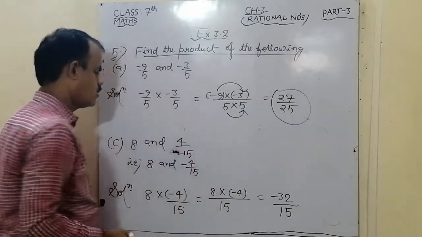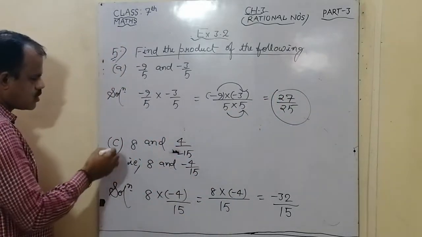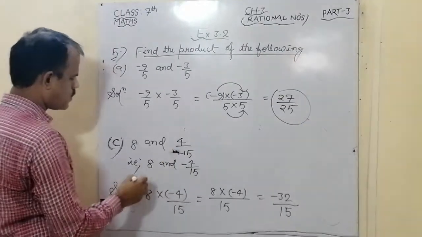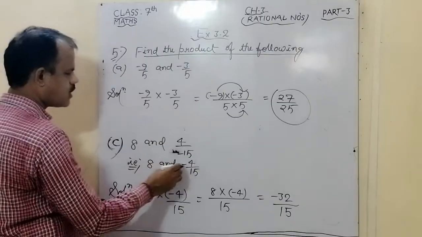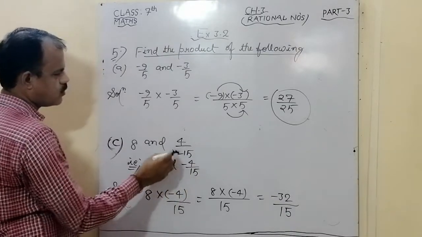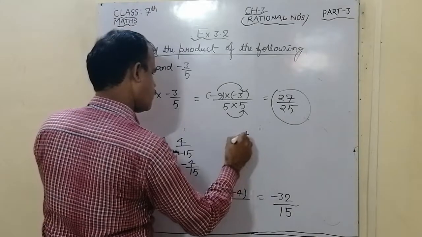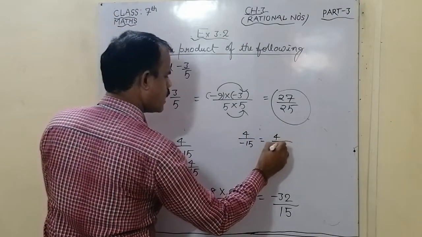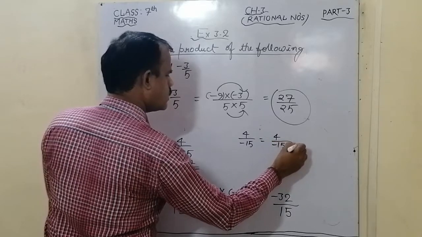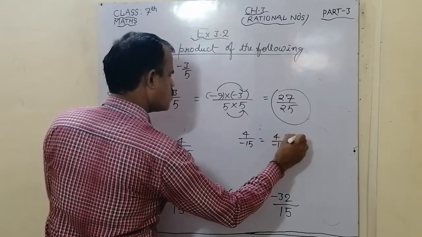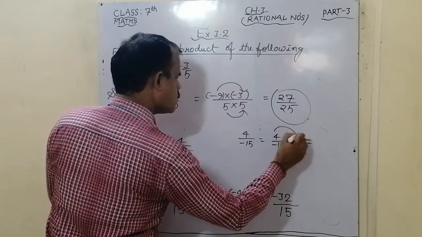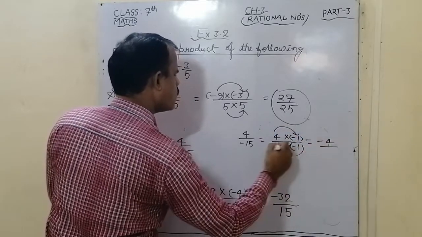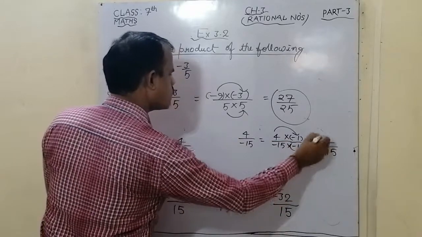This is the answer. Now see one more part, 8 and 4 by minus 15. So we write here 8 and minus 4 by 15. Why? So see here, 4 by minus 15, we multiply this number by minus 1 into minus 1. So it becomes 4 times 1 is 4, minus 4, and 15 times 1 is 15, minus plus.